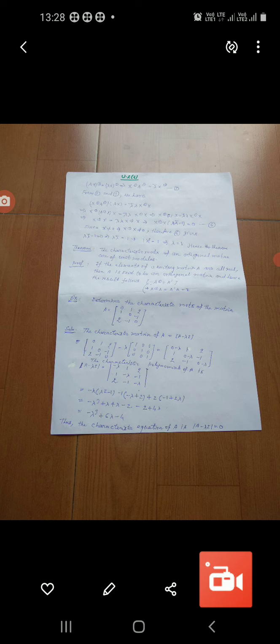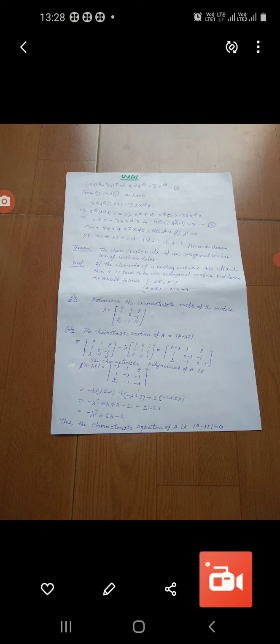Now we will discuss some examples. So we are going to discuss a very simple example. Determine the characteristic roots of the matrix A, in the first row 0 1 2, in the second row 1 0 minus 1, and in the third row 2 minus 1 0.